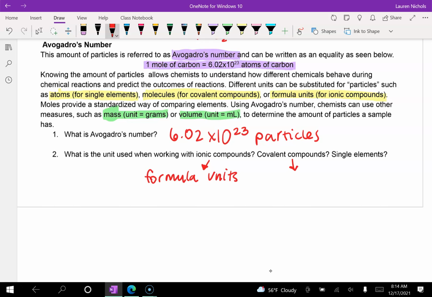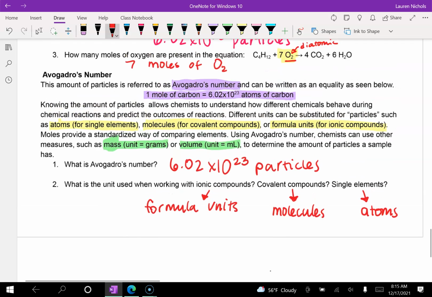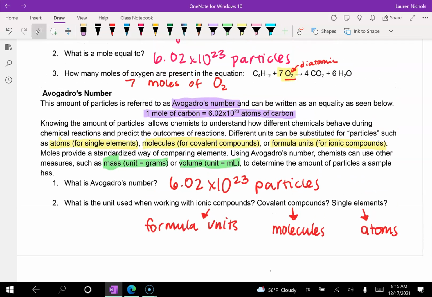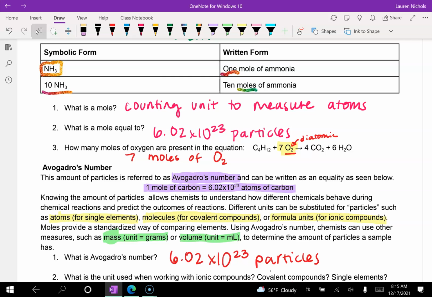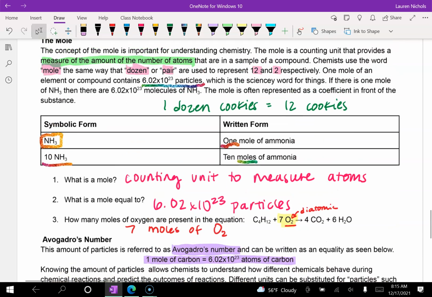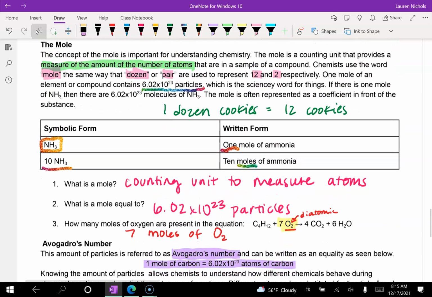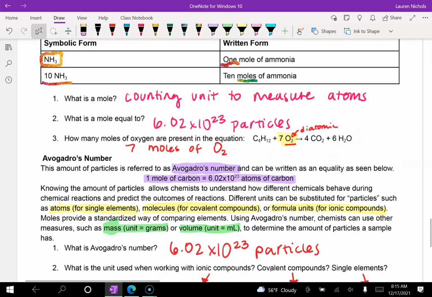And instead of particles for covalent compounds, we'll use the word molecules. And when we talk about single elements, we'll use the word atoms. So this is kind of our introduction to what the mole is, what is Avogadro's number, because these are going to be critical for our understanding this semester.